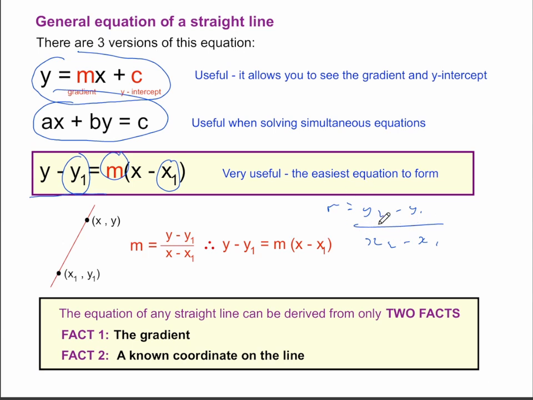Now, what if x and y were just arbitrary, meaning they were a random x and y? It could be anything. Then we replace x2 and y2 with just x and y. And that's where you get the formula from. So m times x minus x1 equals to y minus y1.